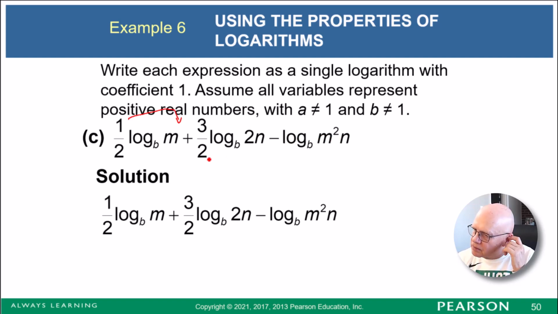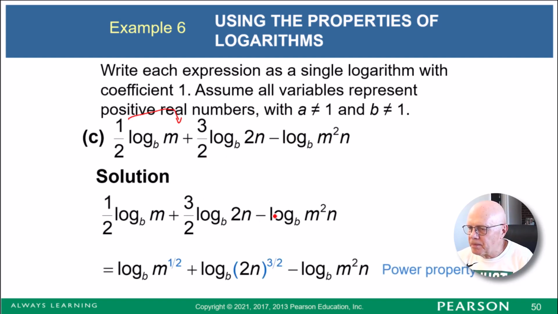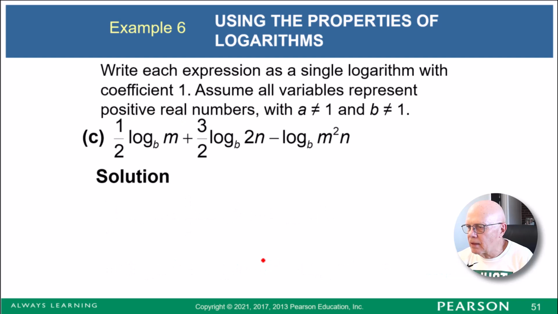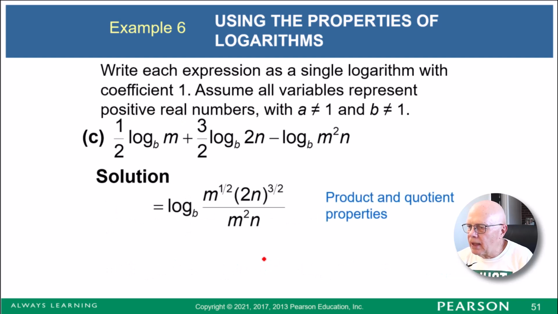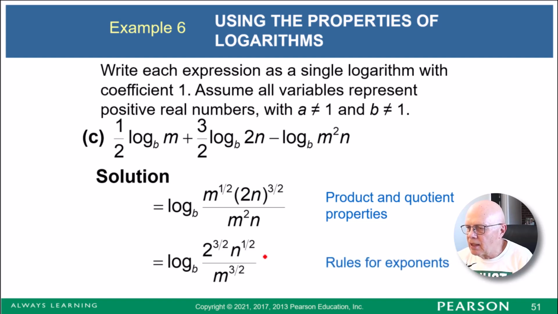So, there's our start. Bring the exponents in. And then combine those because you've got multiplication and division. Put it all together, and there you have it. Notice that we had to split up these two.